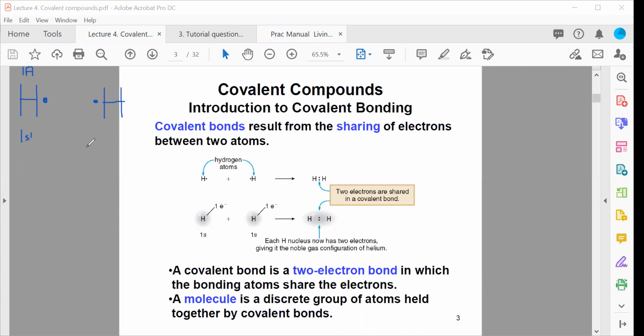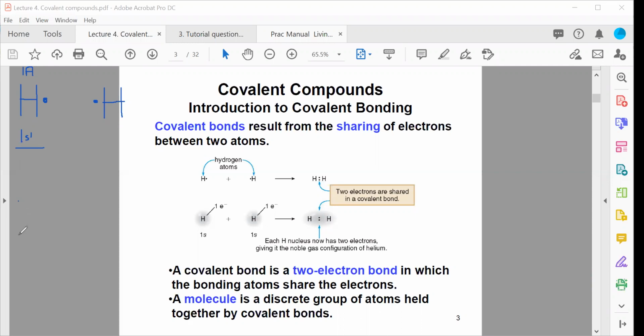The first subshell. Good, excellent. And what's this little 1 up here represent? Okay, 1 electron. Yes, good, excellent. All right, outer electron, yes, which happens to be its only electron. Correct. All right, so that's its electron configuration.